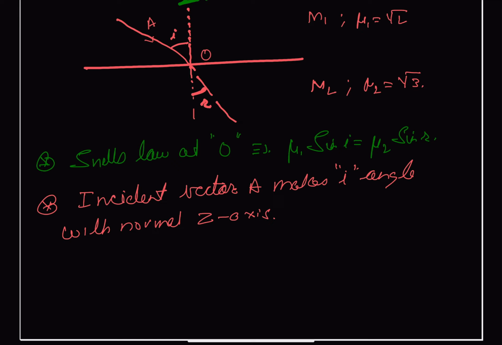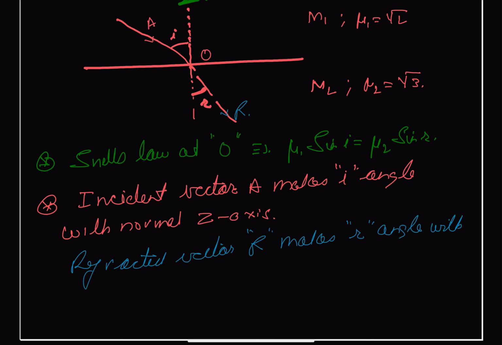And the refracted vector, let us suppose this is vector r. So you can see refracted vector r makes angle r with the normal Z axis.